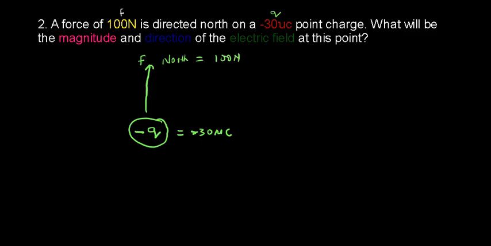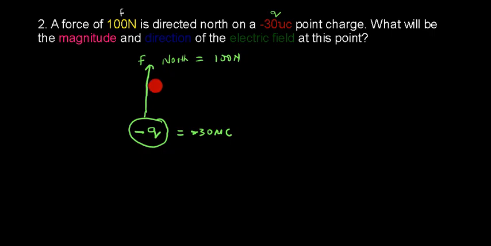Now, it's asking us to calculate the magnitude and direction of the electric field at this point. First of all, let's look at the direction. Remember that this is a negative charge, and we have been told that the force is directed towards north.